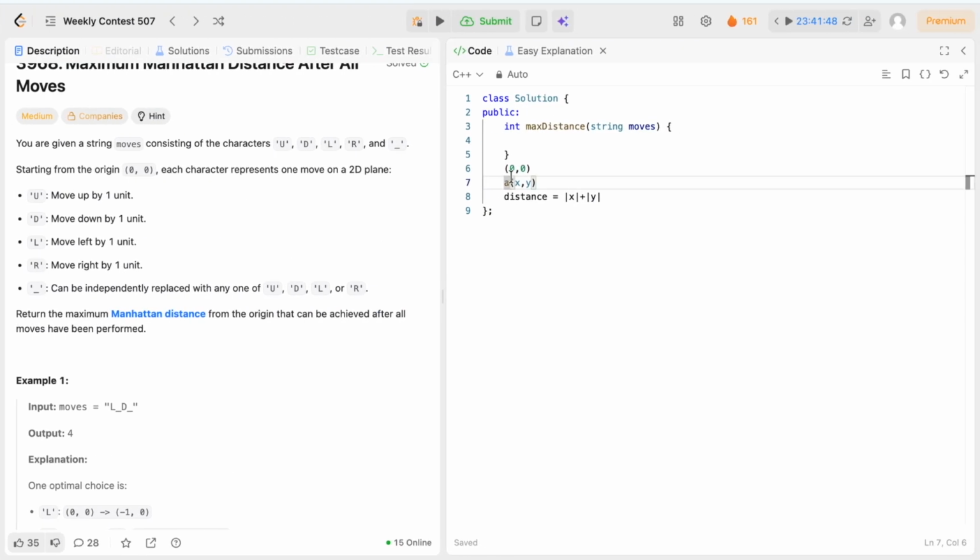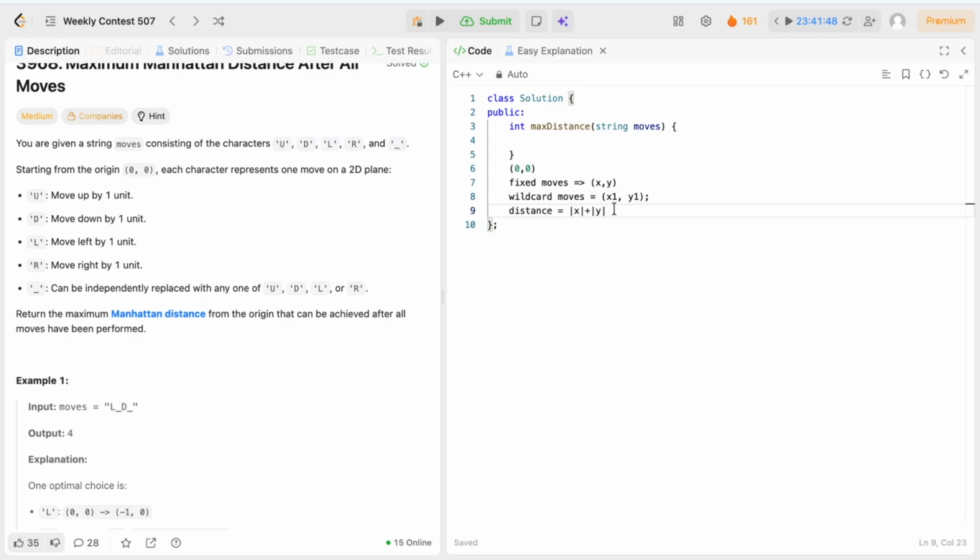With the fixed moves we got x and y, and with wildcard moves we will get x1, y1. So with our fixed moves we got the distance |x| plus |y|. Now we have to add wildcard moves.